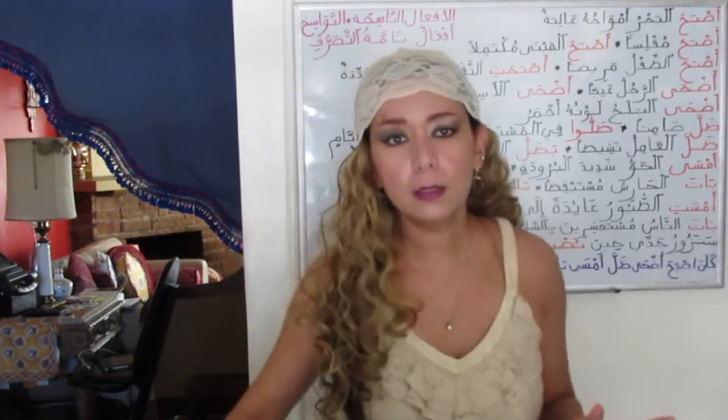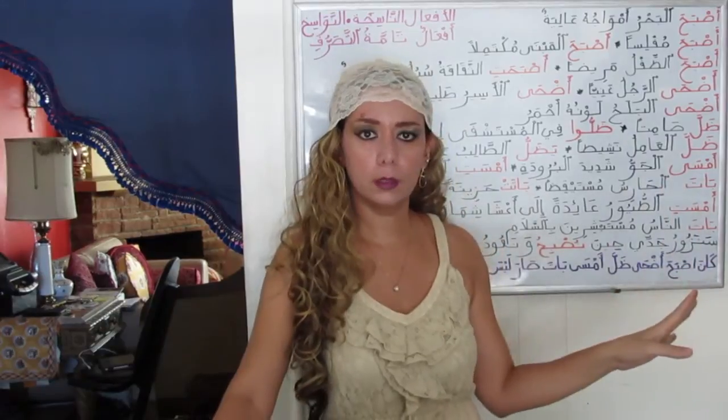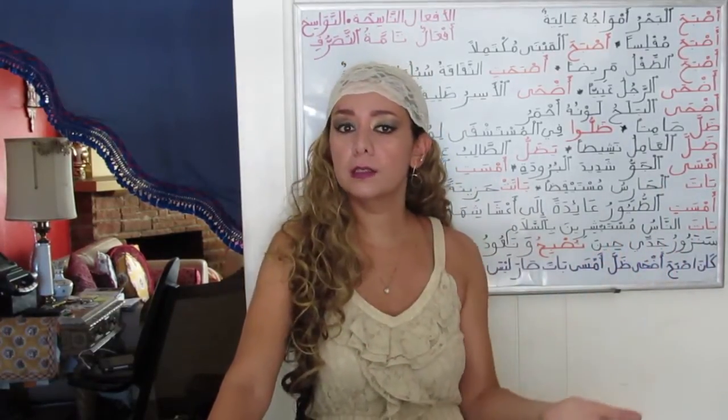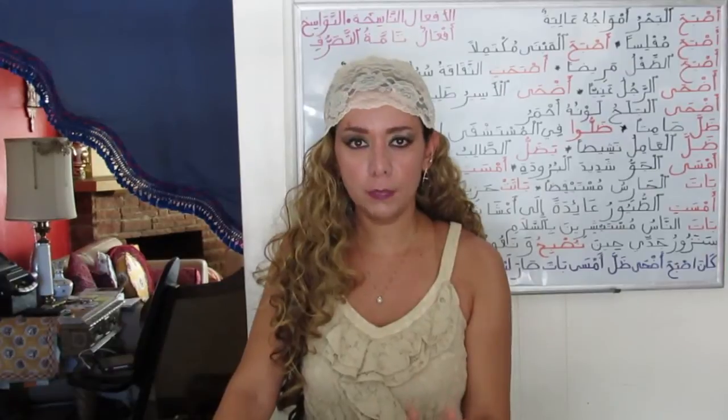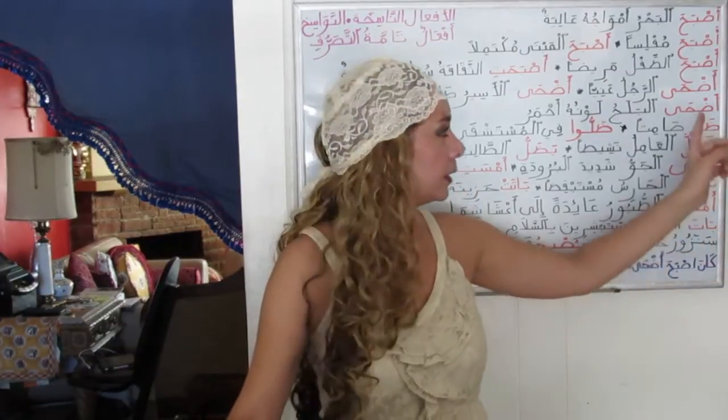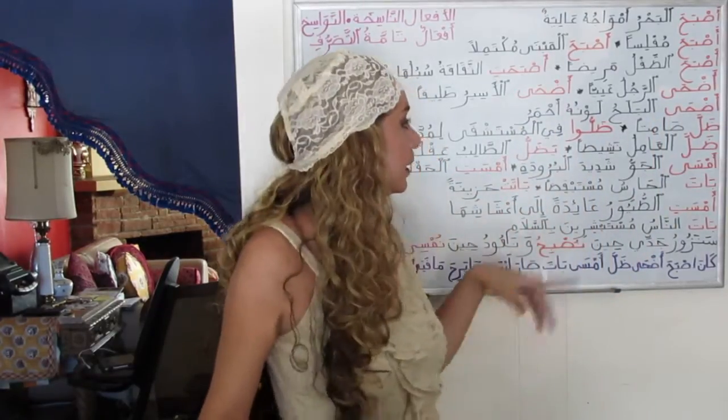He remained silent. Maybe this happened during the morning or during the evening or during 4 days, 6 days. We don't know. We don't need that kind of time specification with the verb ظل. So he remained silent. ظل صامتا, maybe forever.